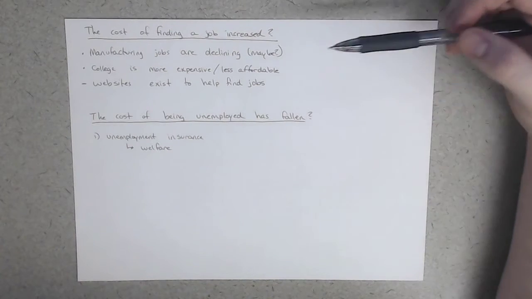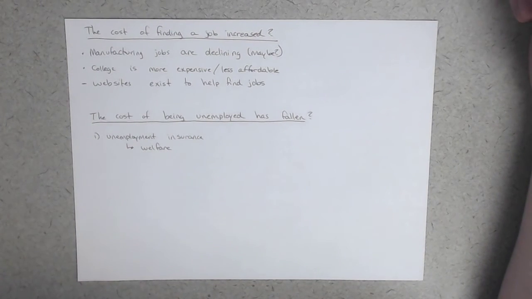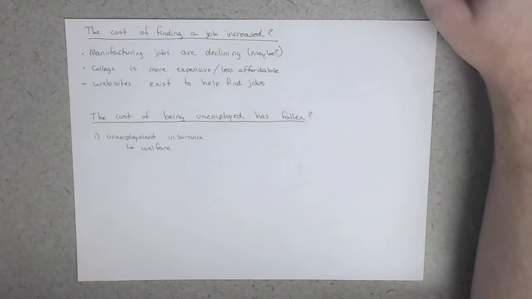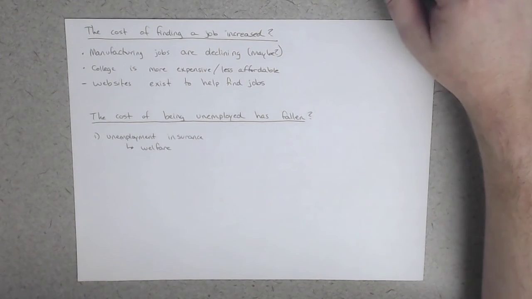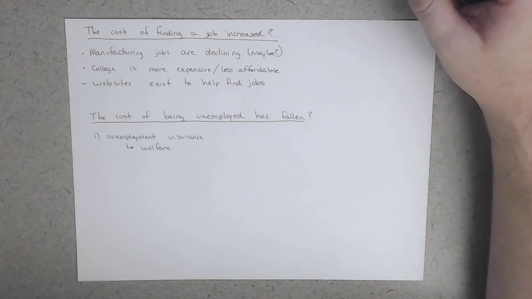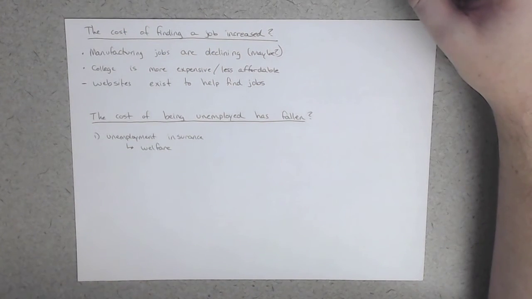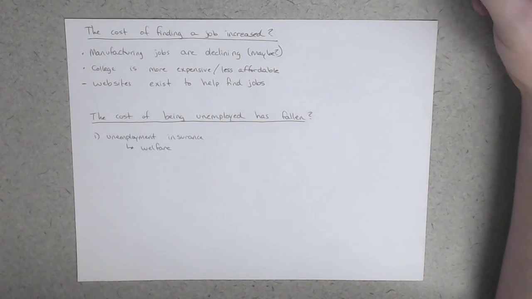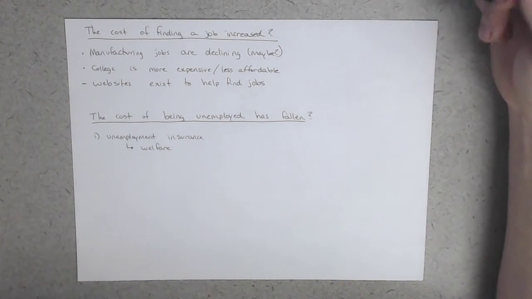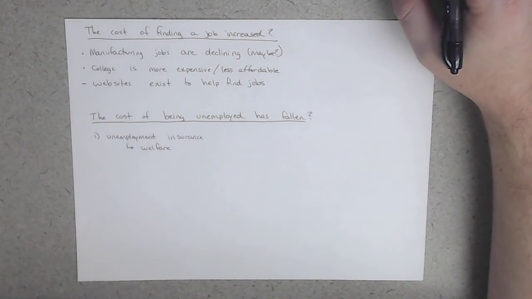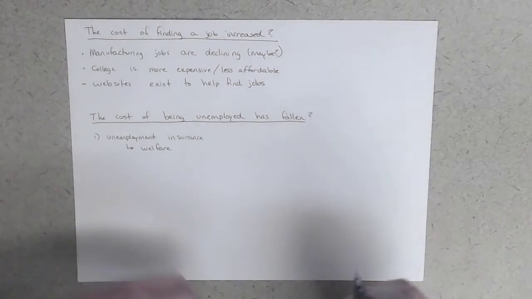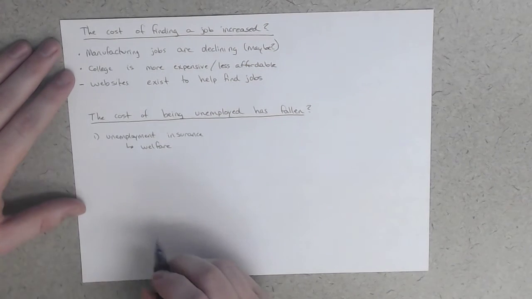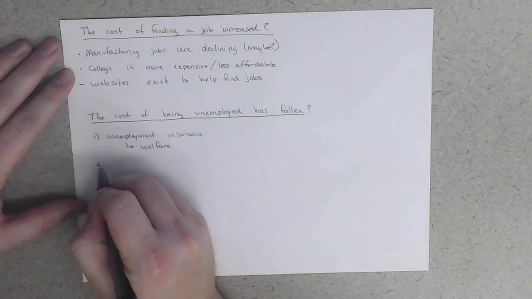And unemployment insurance, we should note, probably contributes very little towards the overall unemployment rate, but there are certainly things that contribute more to it. But unemployment insurance is one thing that is probably contributing to it. Another thing that we can think about would be the rise of labor unions.